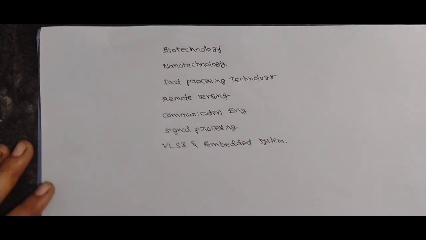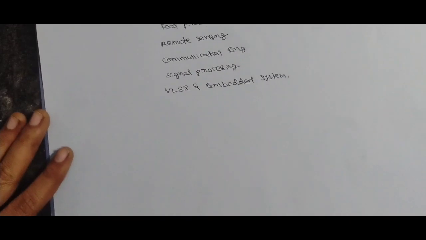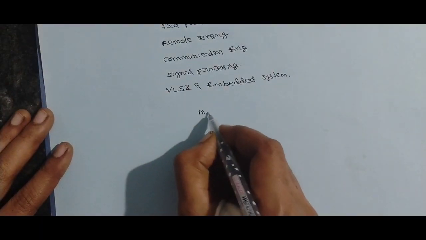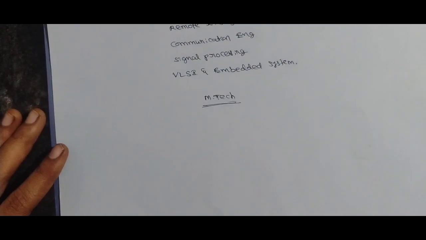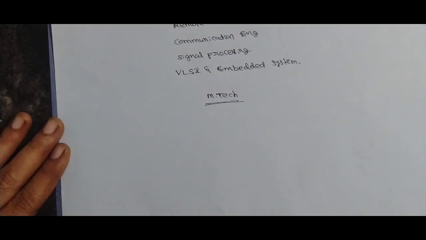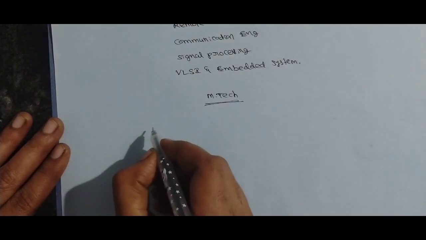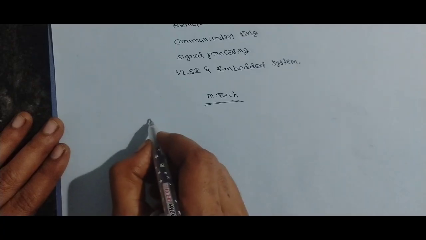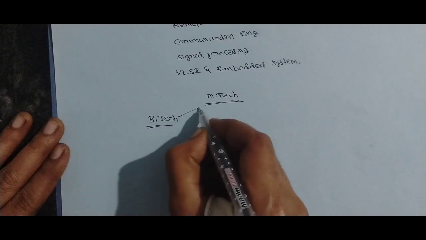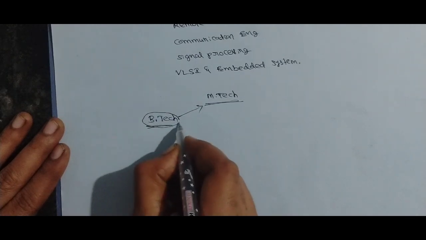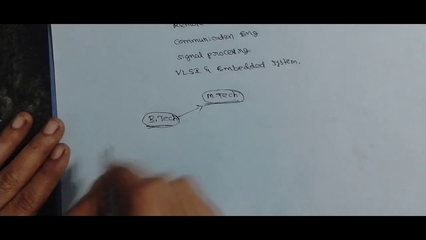And coming to the next, eligibility. In order to do M.Tech, first you should have a few qualifications and eligibility criteria. Now let us move into this. What are the basic requirements of eligibility? Bachelor degree in technology. If you would like to do M.Tech, first you should complete the B.Tech, right? This is the condition.